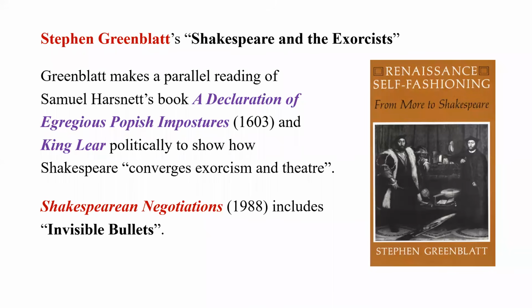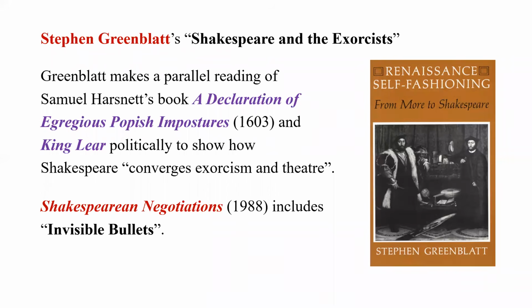This book, A Declaration of Egregious Popish Impostures, talks about the practice in the church and other things connected with black magic and theater. How sometimes the church people sell their old clothes to the theater.